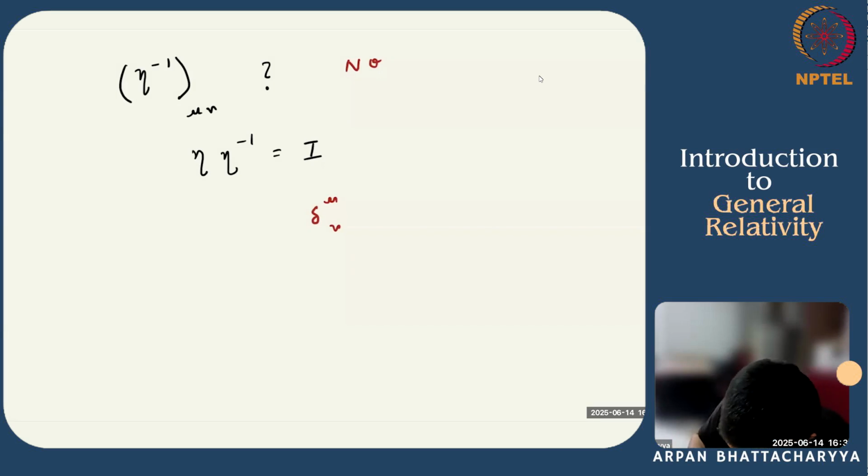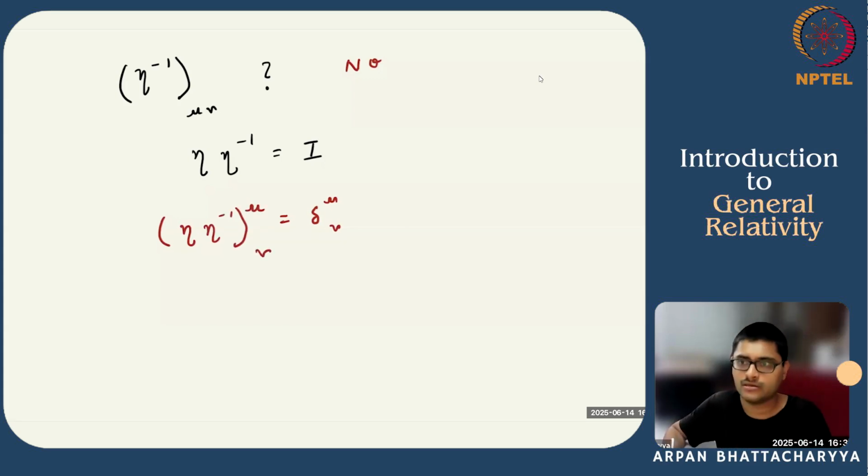Now, what about the left hand side? On the left hand side, we must have the same two free indices at the same two positions.